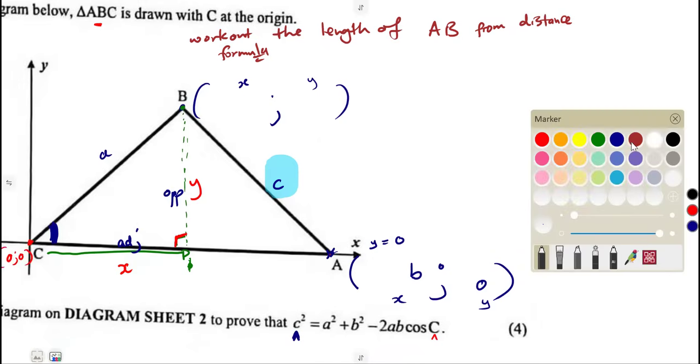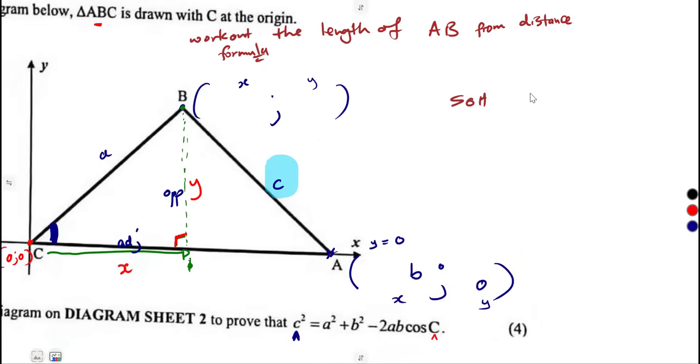SOHCAHTOA. So let's quickly have our SOHCAHTOA concept. The sine of what? Angle C. Opposite over hypotenuse. As we can see, there is the opposite there, which is Y, over hypotenuse, which is A. So as we need the Y coordinate, let's find Y. Cross multiply.